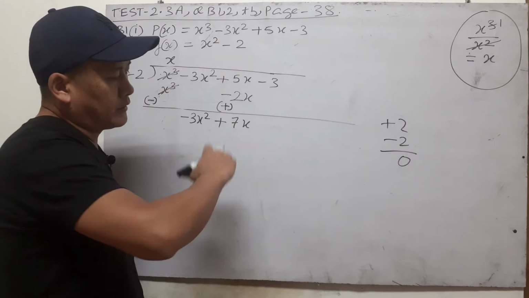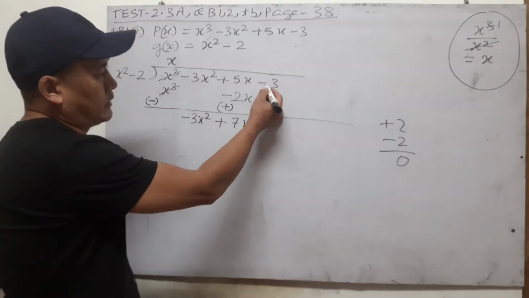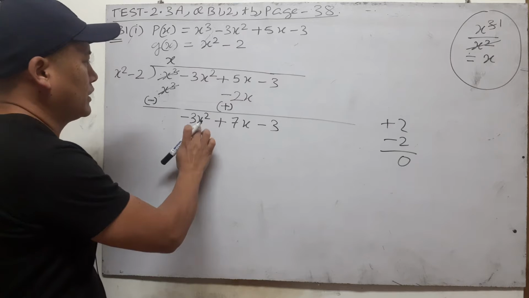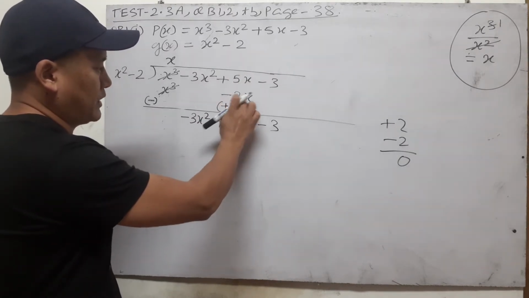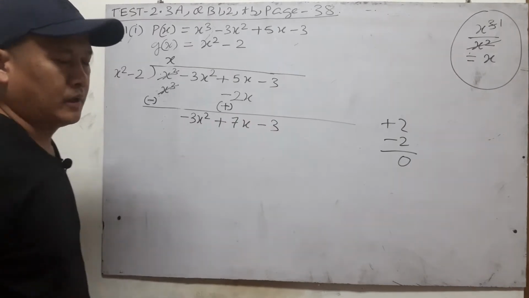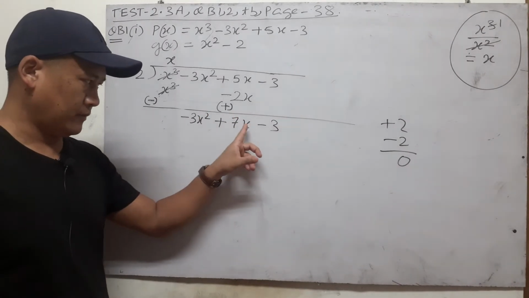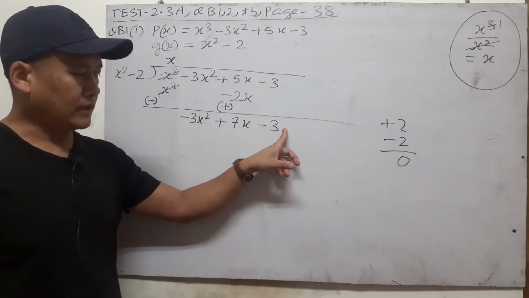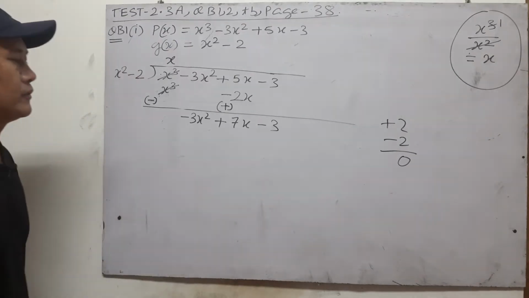So arranging in standard form has to be followed throughout till you complete your division. Then here alone, just write minus 3. So we brought this one here, minus 3x squared plus 7x minus 3, and it's in standard form. X to the power 2, highest power, first place, second highest power, x to the power 1, second place. The one having no x, the lower degree term, in the third place. So that's in standard form.